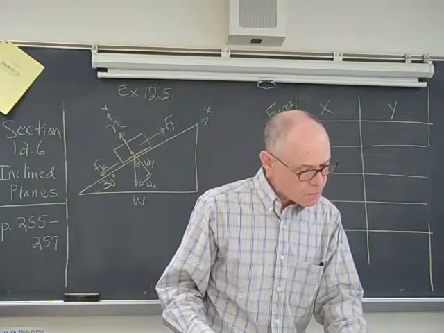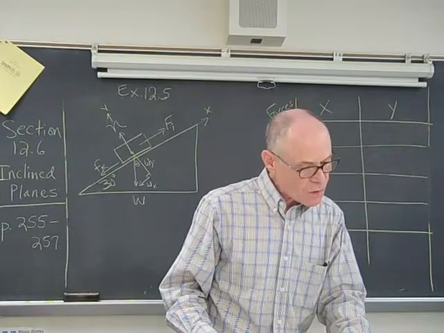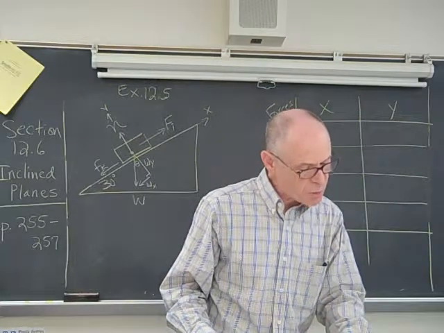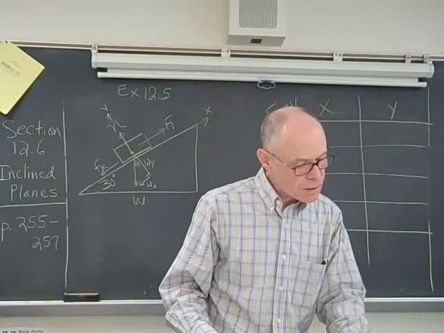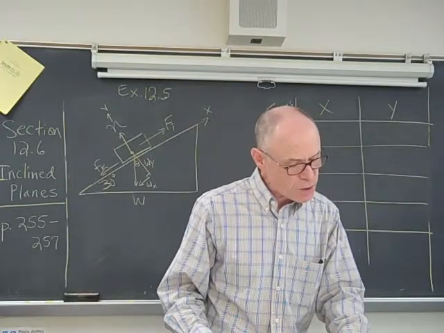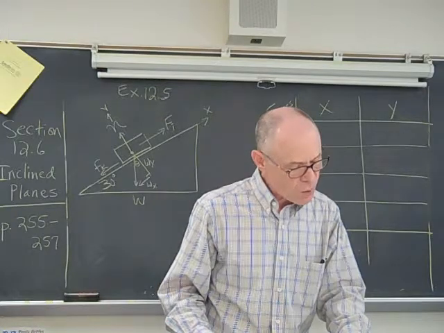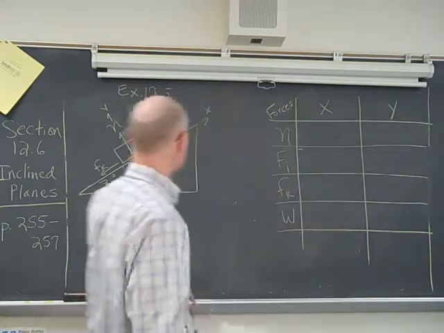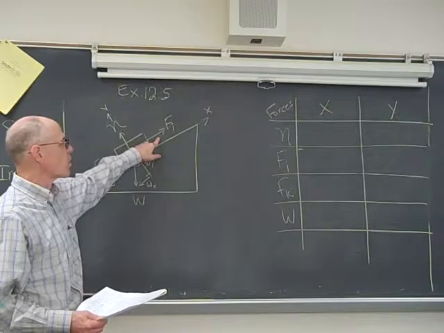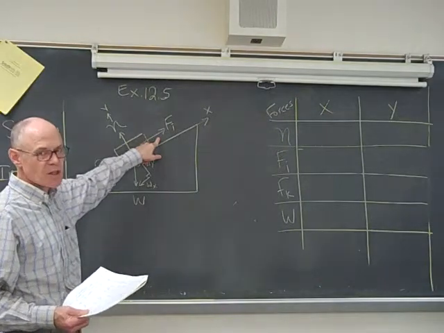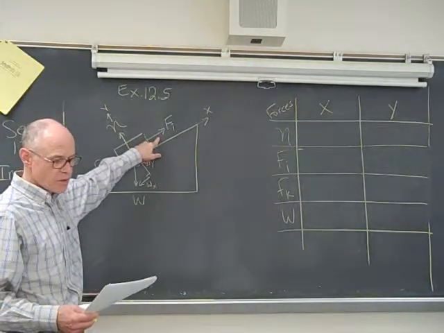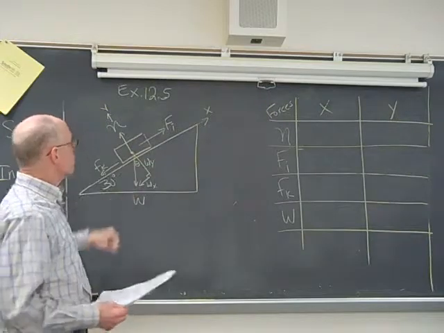You'll notice that they're assuming that this crate is being pushed up the ramp. So they've used the letter capital P for input force. I'm just using input force as F with a subscript I, just like we have, just so we don't confuse matters. Okay.